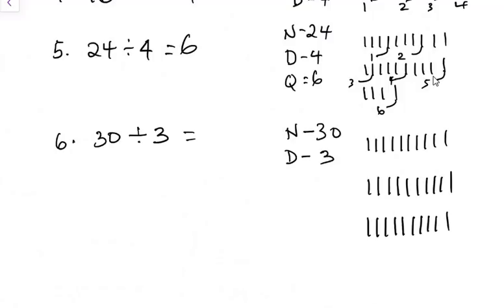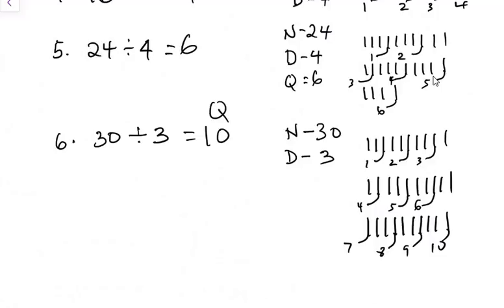So we want to ask, how many times will 3 go in this 30? So we have 1, 2, 3. You can see. So if you count 1, 2, 3, 4, 5, 6, 7, 8, 9, 10. So you can see 3 will go in 30 10 times, and that becomes our quotient.